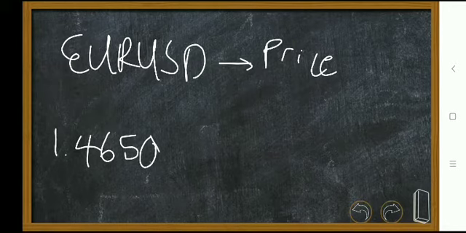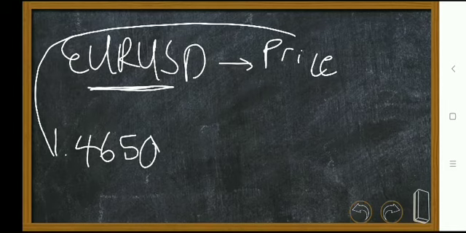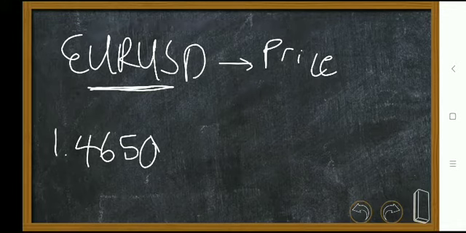Let's say it was a buy. We're told buy Euro USD. Then when you went to the platform and said buy, you were given this currency pair at this price.